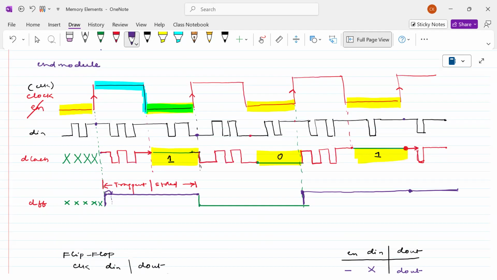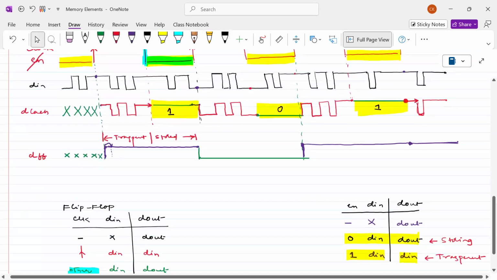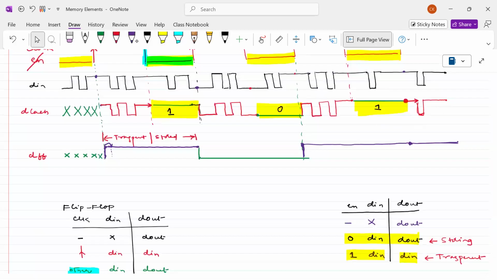So look at this one. How much time are we able to store? Logic 1 we stored at this point. What did we store here? Logic 0. Here what can we store? Logic 1.